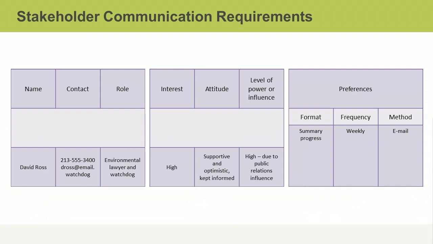The Stakeholder Register contains all the contact information for your project stakeholders. It also tells you about their attitudes towards the project and levels of influence they may exert over project outcomes, as well as their preferences related to the frequency and format of reports and other communications.